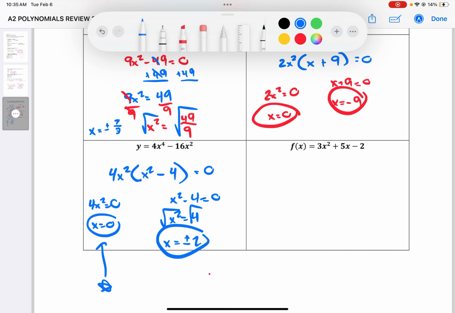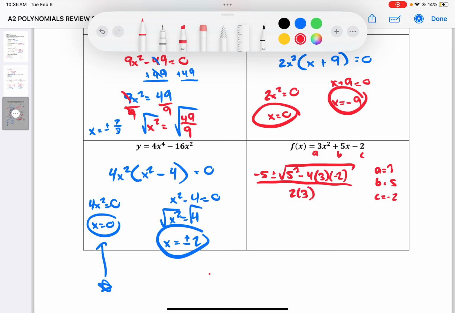Then this last one right here requires you to either do grouping, which a lot of you don't like, or the quadratic formula. So I label my A, B, and C values. A is 3, B is 5, and C is negative 2. And those get plugged into the quadratic formula, which of course can go into your calculator. Negative B plus or minus the square root of B squared minus 4AC all over 2A.